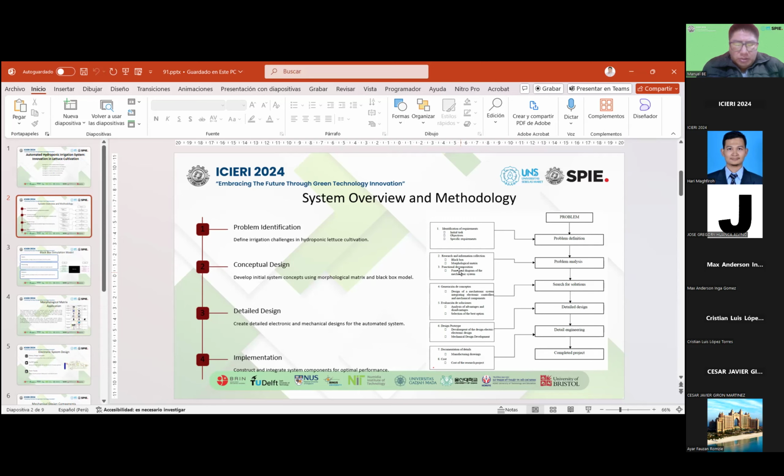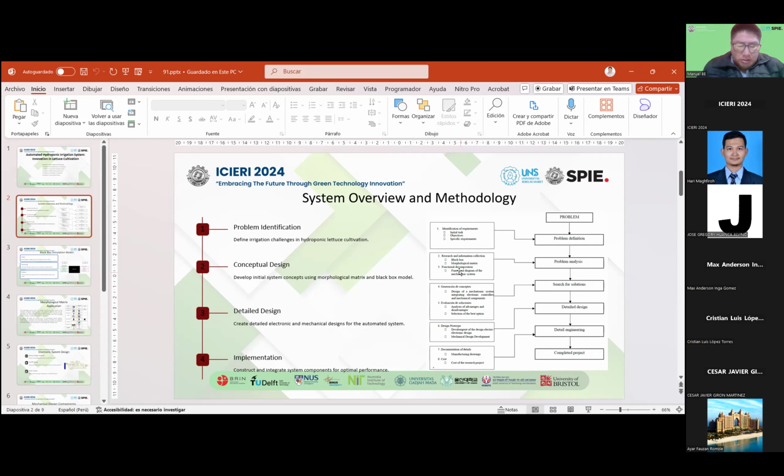These components will be fully integrated, allowing for automated, responsive, and real-time adjustment according to the needs of the crop. The purpose of this article is to present a technological solution that improves irrigation efficiency in hydroponic systems, ensuring ideal conditions for plant development and contributing to the advancement of sustainable agriculture.